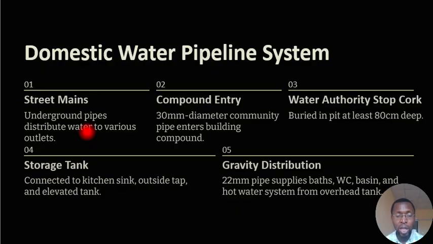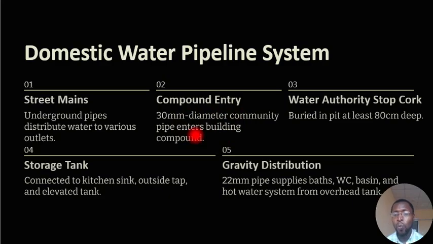They have been dug under the ground and then begin to supply water to streets from one street to the other. Then after the street mains, we also have the compound entry pipe. This one has a diameter of 30 millimeters and is connected to different compounds in the community.